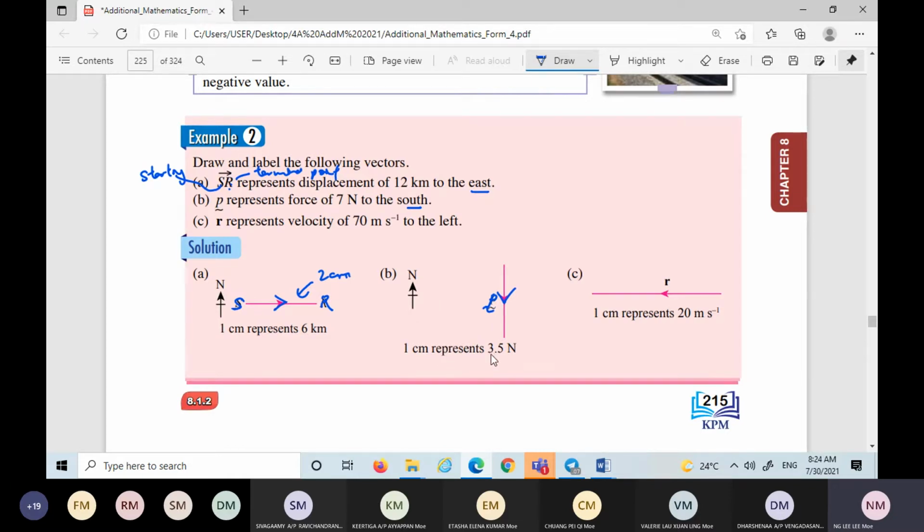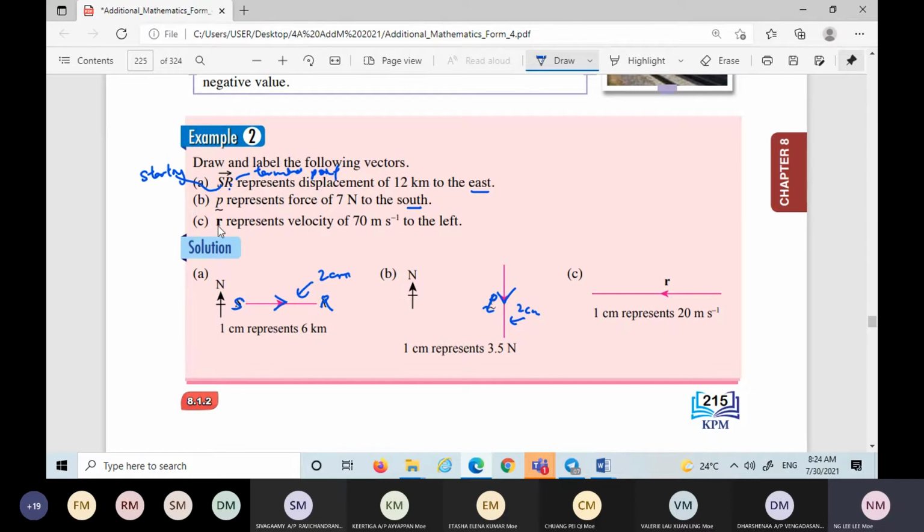If 1 centimeter represents 3.5, then 7 Newtons is 2 centimeters. You have to draw the length, so when I mark, I use the ruler and measure, to check whether the length is correct or not. And then same thing, put the north direction.